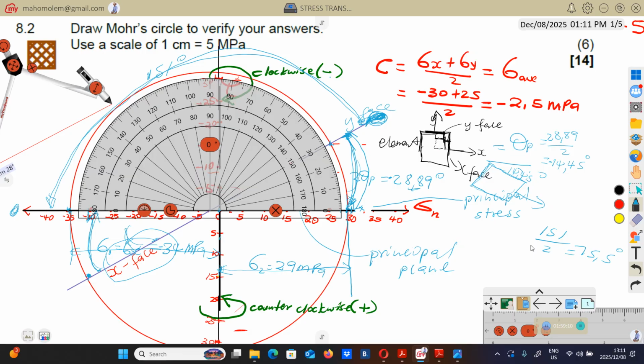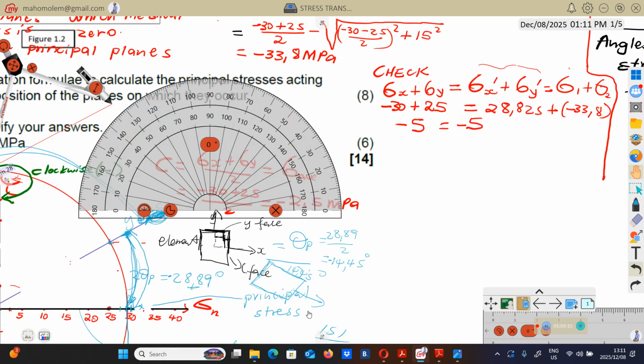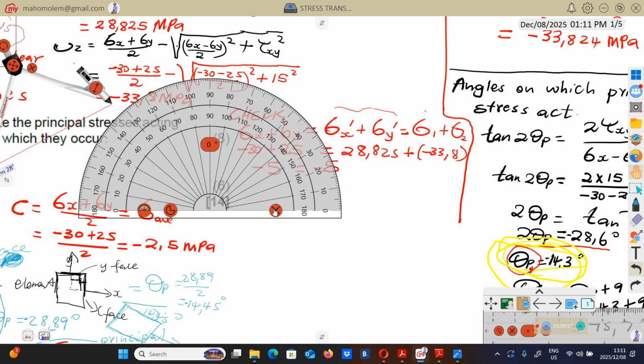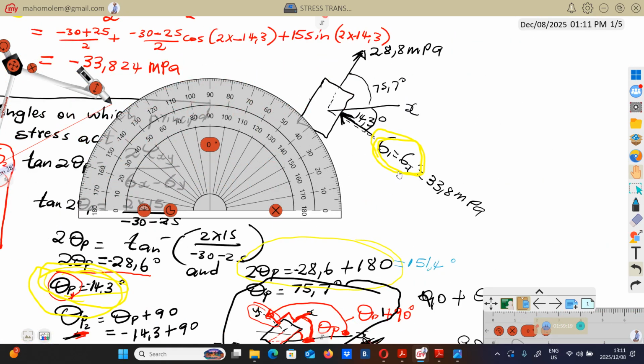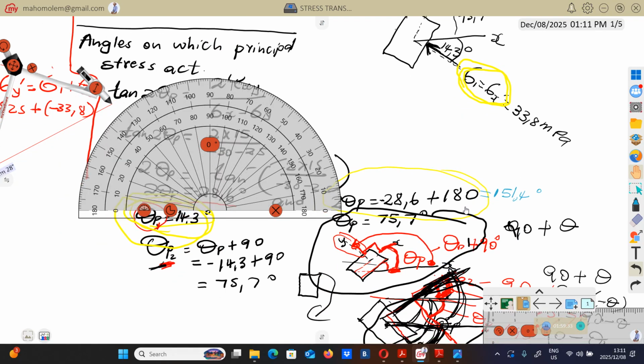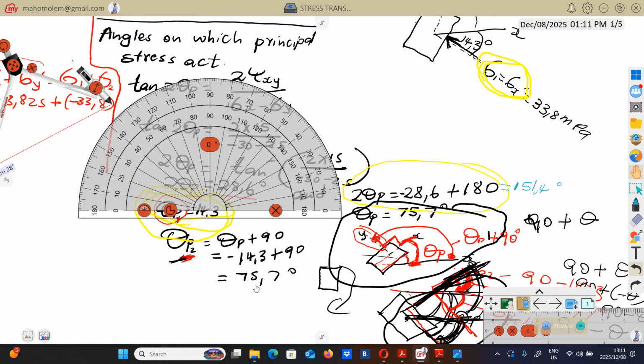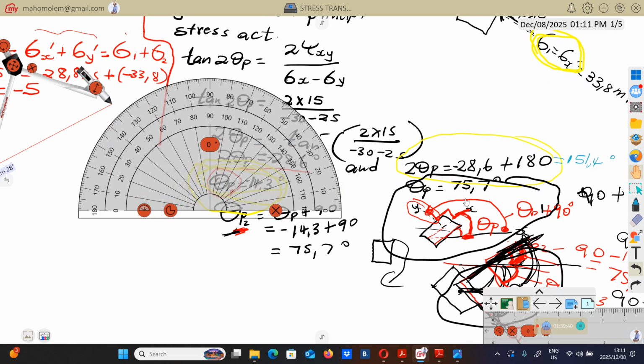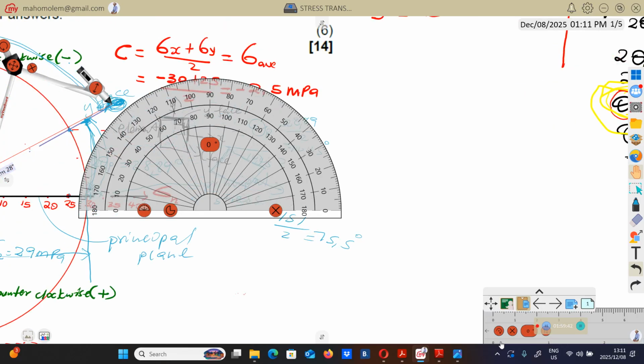This 151 is the same angle as the one you got from the calculations. Remember from the calculations, 2θp equals negative 28.6 plus 180, which equals 151. When you divide that 151 by 2, you get 75.7. But from the graph, we got 75.5.